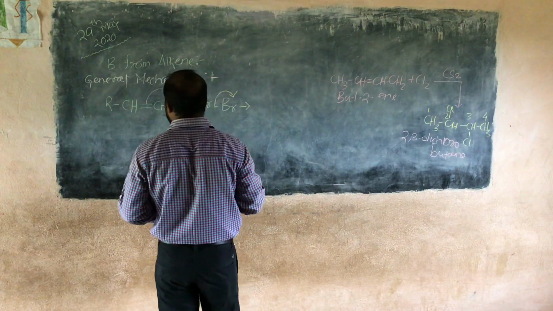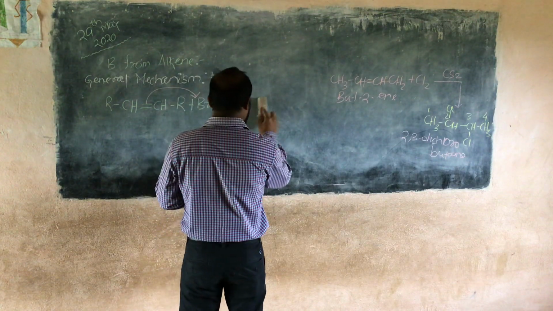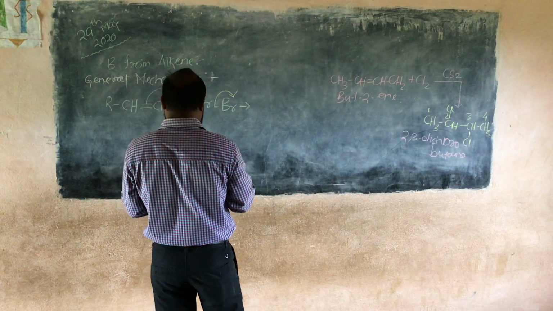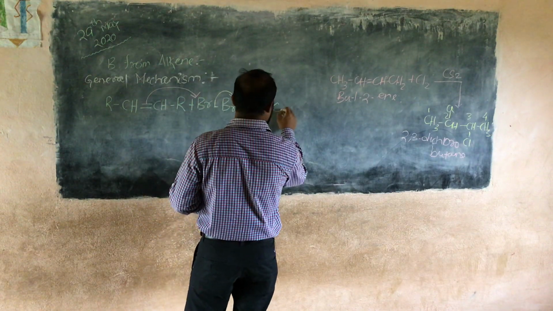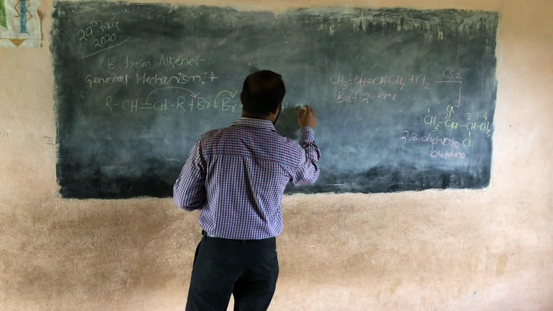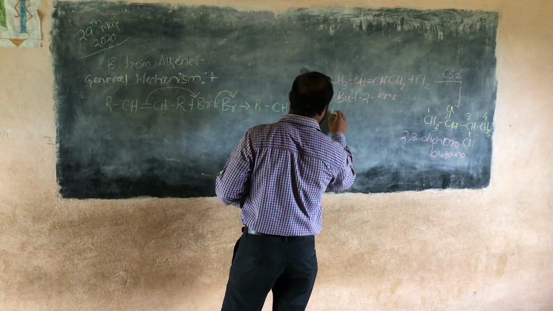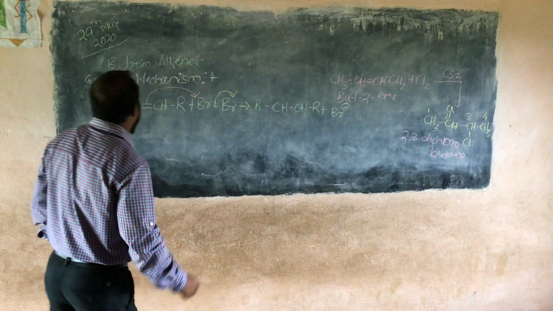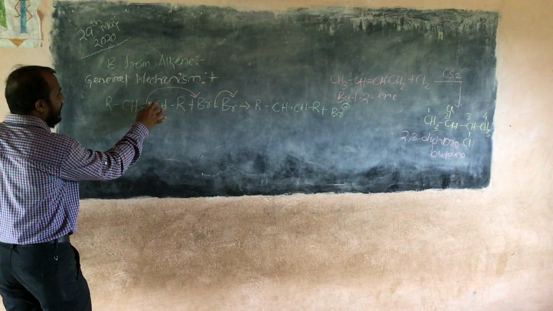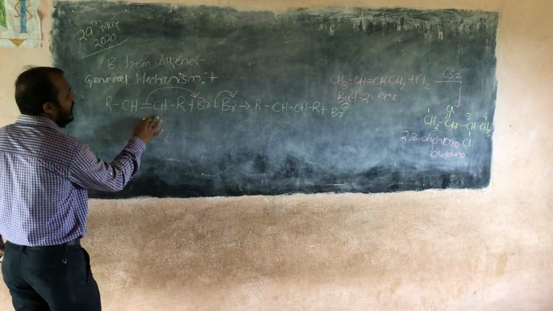So the next step will be R, bromide goes away. Now the double bond is present between two carbons.